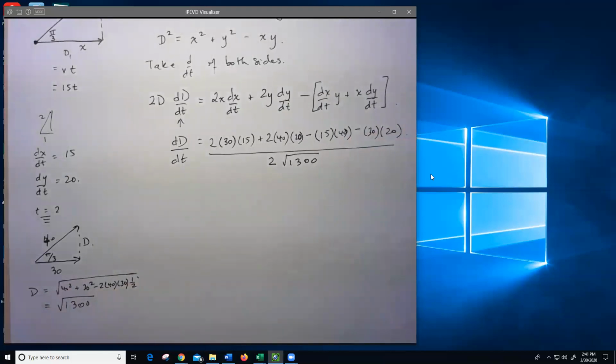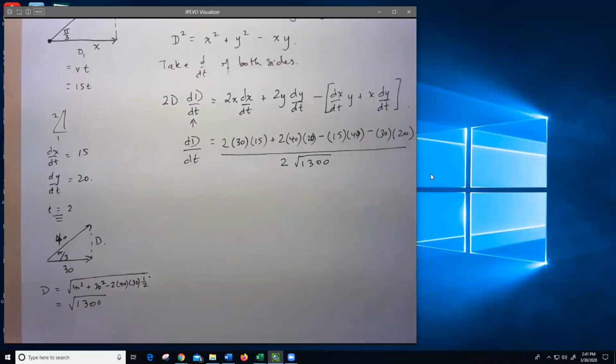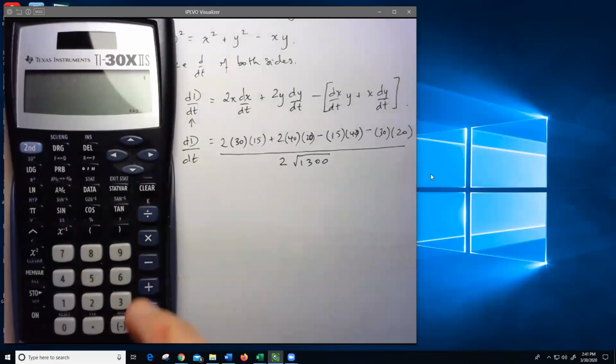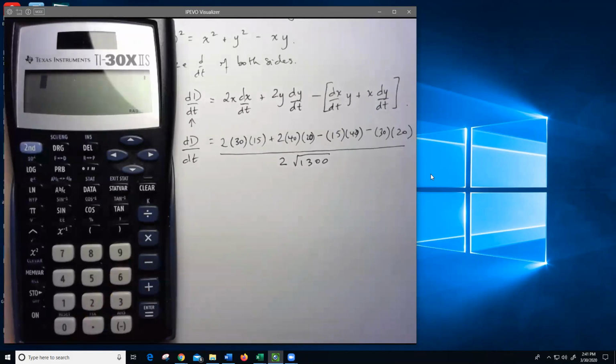And now we have all the information we need to determine the derivative of d with respect to time. So again, check if you can take a look at my calculator, make sure I don't miss anything.